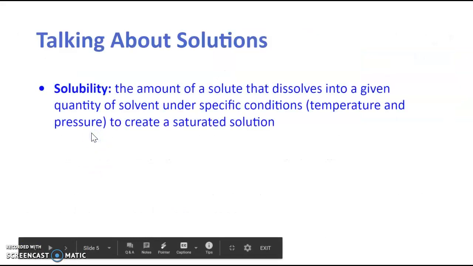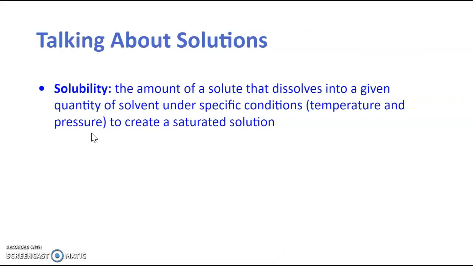For talking about solutions, we have solubility, which is the amount of a solute, so the amount of sugar that dissolves into a given quantity of solvent under specific conditions, like the specific temperature and pressure, to create a saturated solution. So if you're dissolving sugar until it stops dissolving, that is a saturated solution.